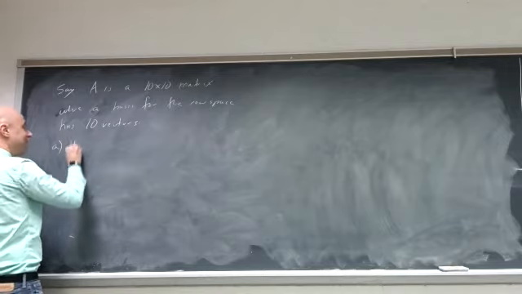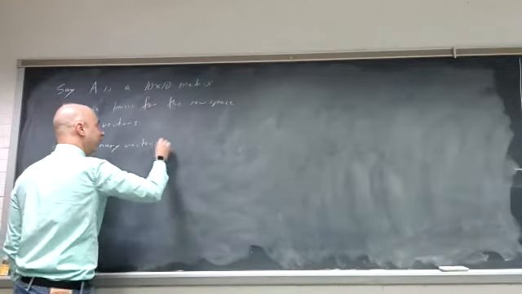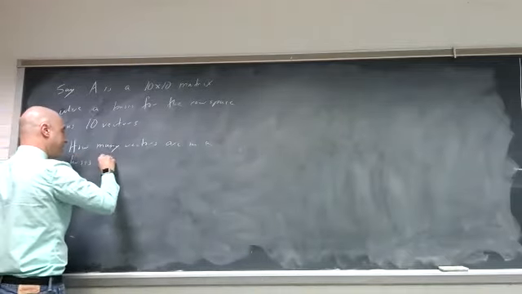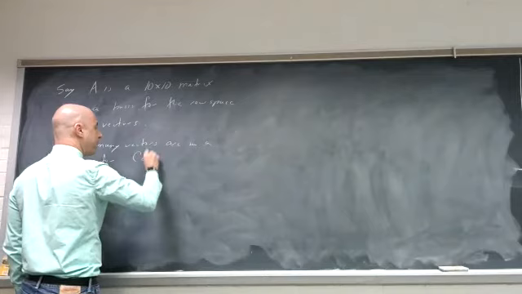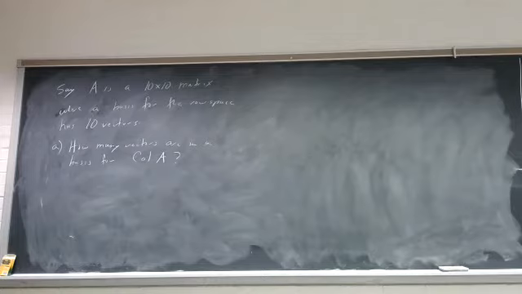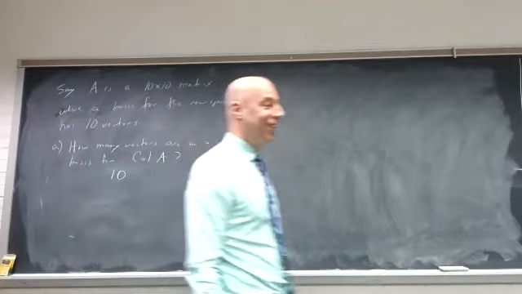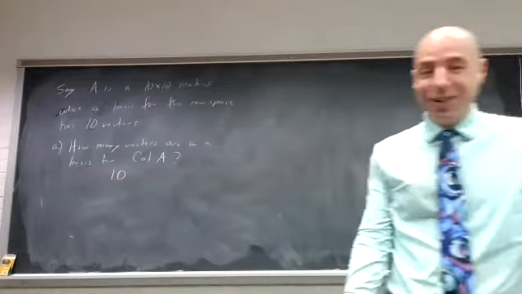How many vectors are in a basis for the column space? Isn't it 10? 10, yeah, absolutely. I basically just told you that there are 10 pivot positions. So the basis for the row space has 10 vectors, basis for the column space has 10 vectors.